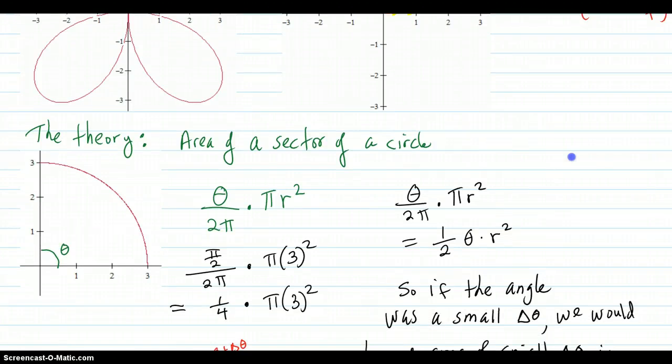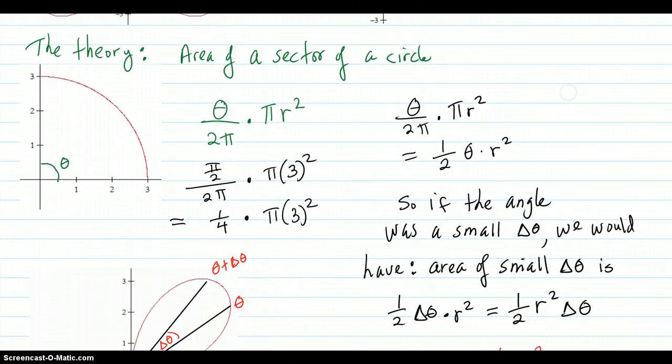So now the theory. The area of a sector of a circle: you have the area of the entire circle, and you want a fraction of that area. So if this theta here was 1/4 of the way around, it's pi over 2. That would be pi over 2 out of 2 pi, which cancels out to be 1/4.